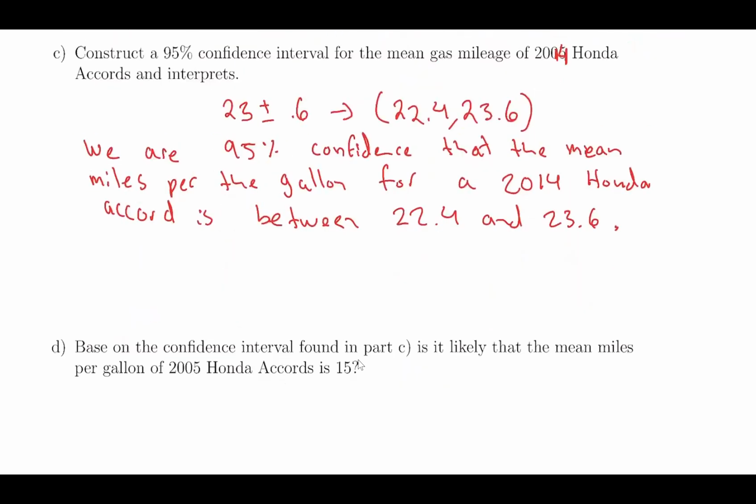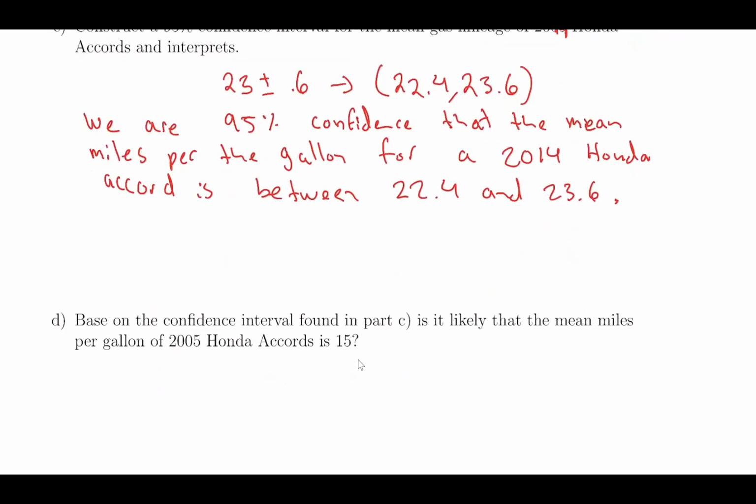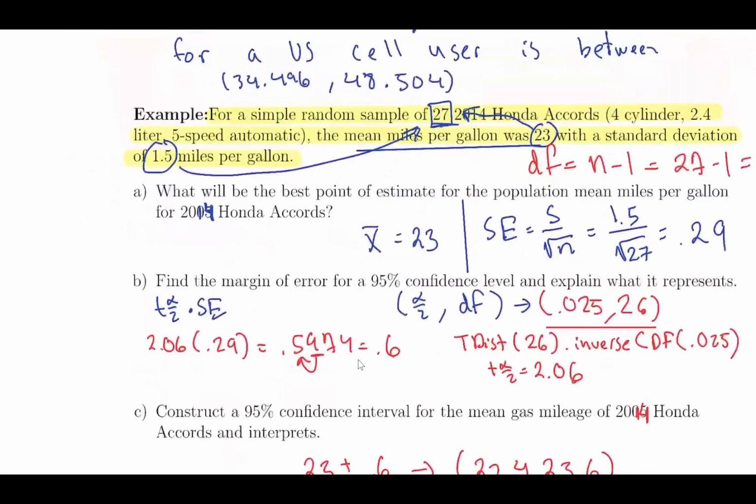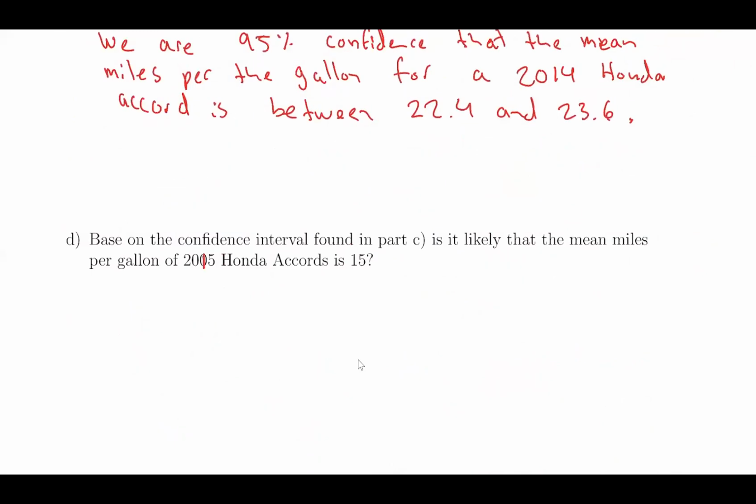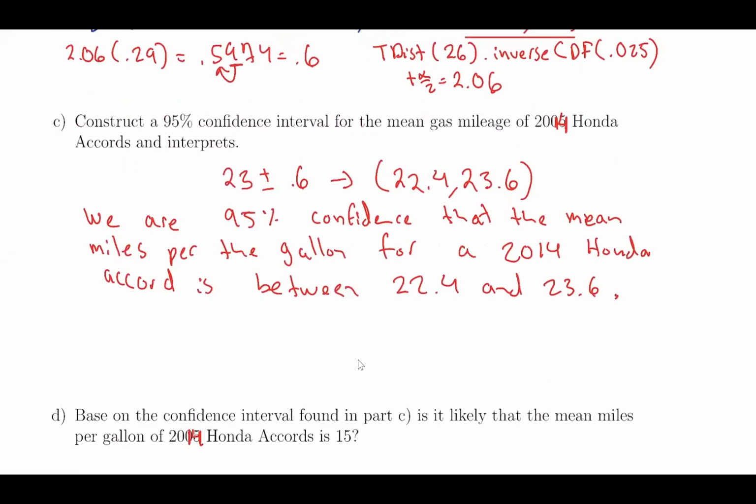All right, so let's go ahead and do this. For D, it said, based on the confidence interval found in part C, is it likely that the mean miles per gallon of a 2014 Honda Accord is 15? So it's asking us, using your confidence interval, is it likely that the mean miles per gallon is 15?